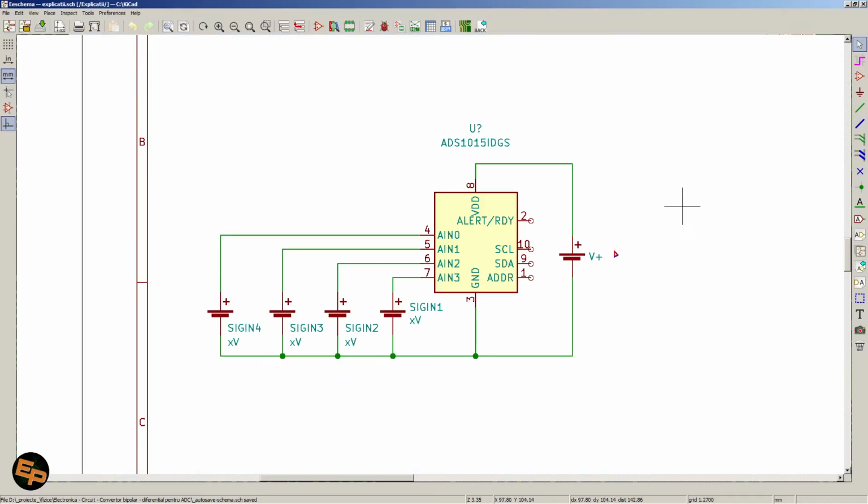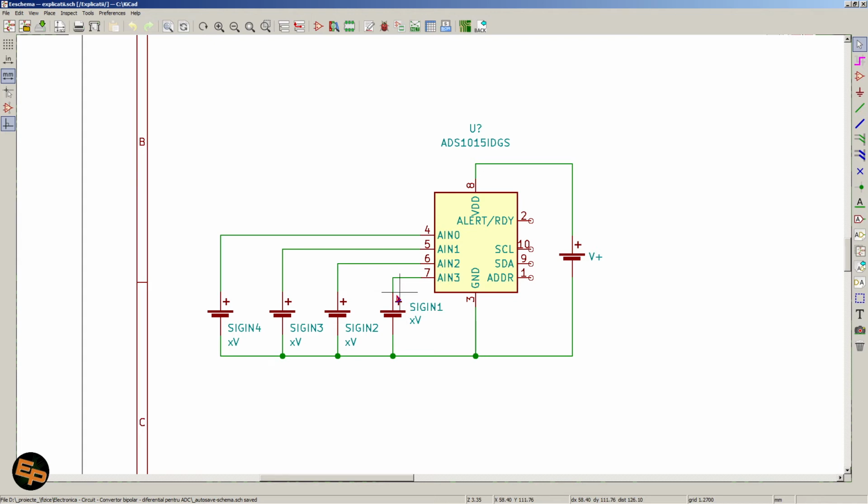Okay, so if we have only positive voltages, those can be just directly referenced to the ground of the ADC, most of the time, and those can be applied to the inputs of the ADC.